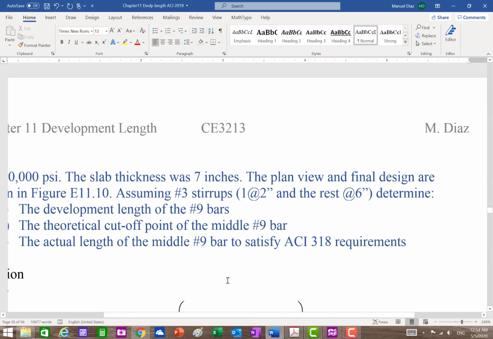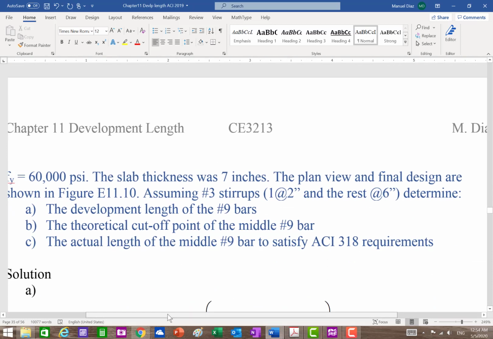Now, the first thing we're going to find is the development length for the number 9. They are also giving us the stirrups, 1 and 2, and the rest is 6. That's what we normally design for, right? And the slab thickness is also given. We're going to cut the middle bar and see what it is. We're going to find the theoretical cutoff and then the final length.